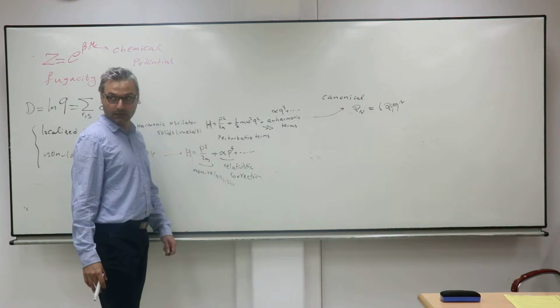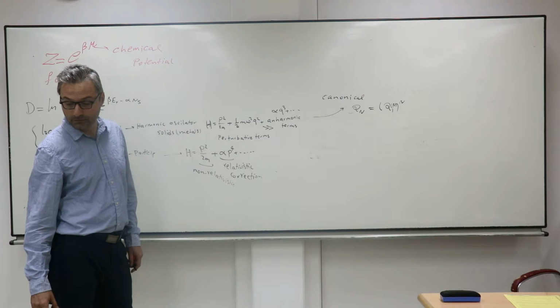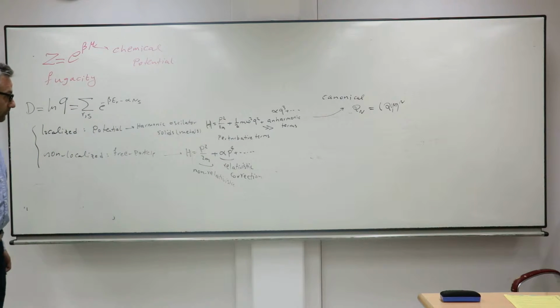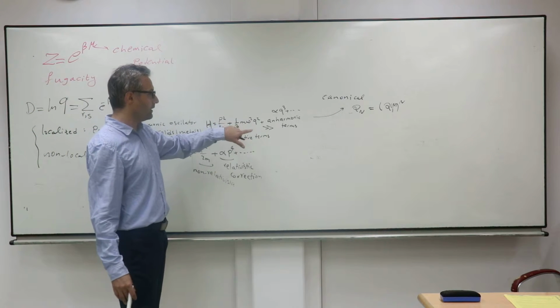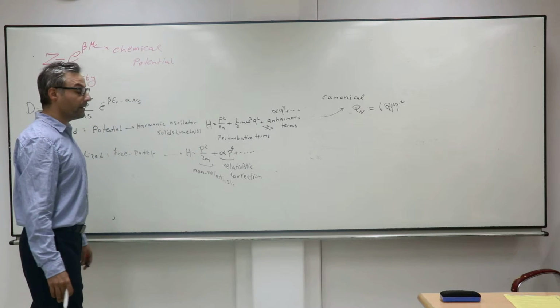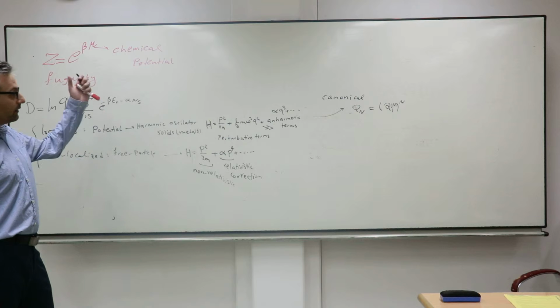Is it like the infinite well potential? When you have a potential, it will be considered localized, including the infinite well. Any potential. I write a harmonic oscillator because it is useful for modeling the solid state, but you can have any other potential.